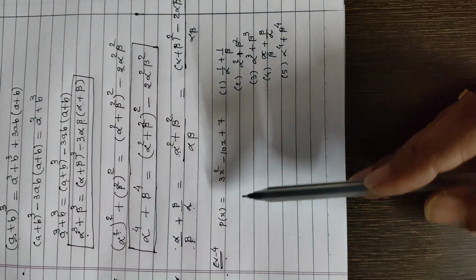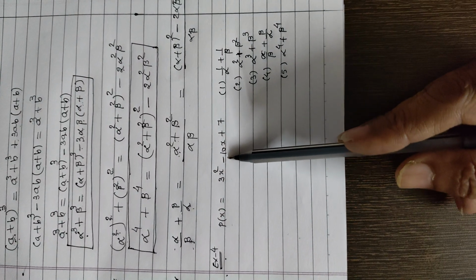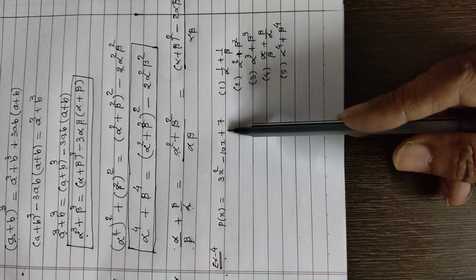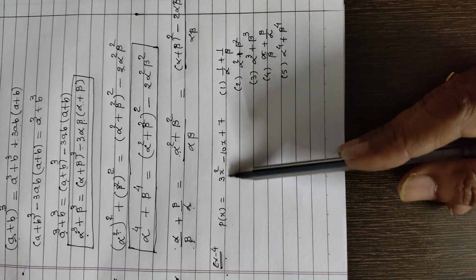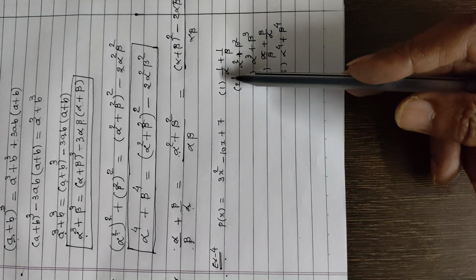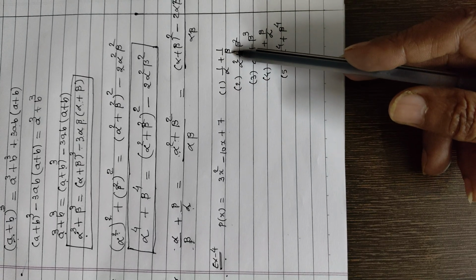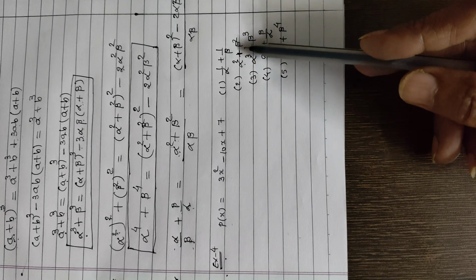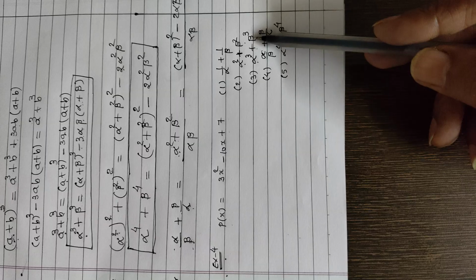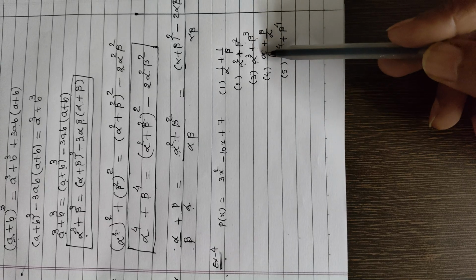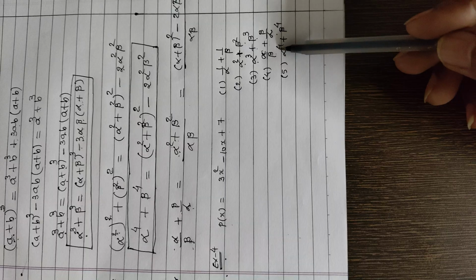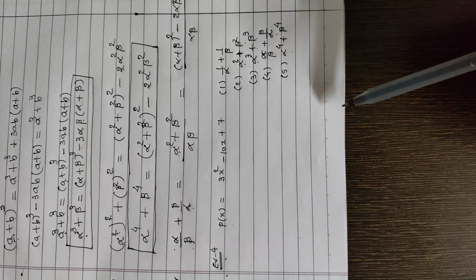Example 4. P of x is equal to 3x square minus 10x plus 7. A quadratic polynomial is given. I want to find out 1 upon alpha plus 1 upon beta, alpha square plus beta square, alpha cube plus beta cube, alpha upon beta plus beta upon alpha, and alpha raised to 4 plus beta raised to 4.